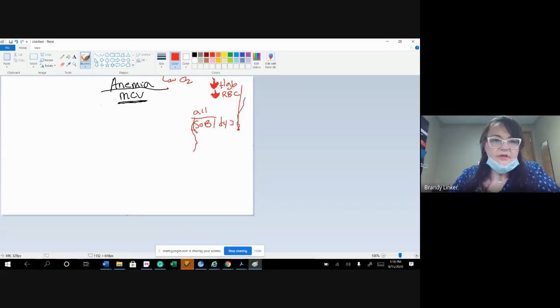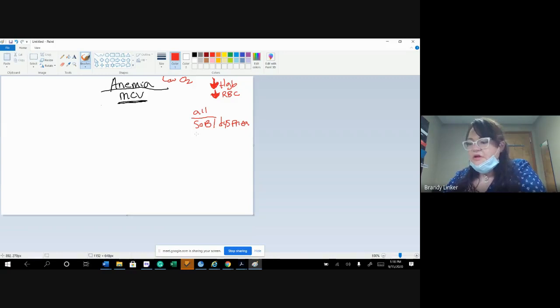Low oxygen. So when you have a low amount of oxygen in your body and you're not getting enough oxygen to your tissues, your brain is going to tell your respiratory drive to increase. So you get shortness of breath or difficulty of breath.